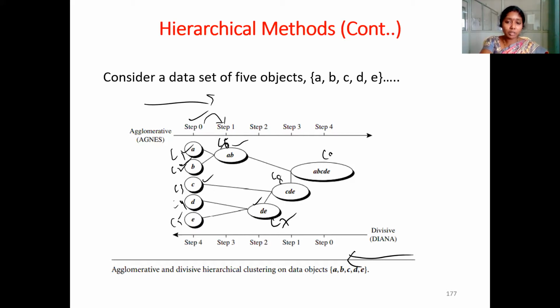Similarly, I can form the clusters based on a certain criterion. Similarly, in the Diana approach also, initially I need to start with a big cluster. Here also you can apply Euclidean distance, and the data objects which are very far apart can be divided.